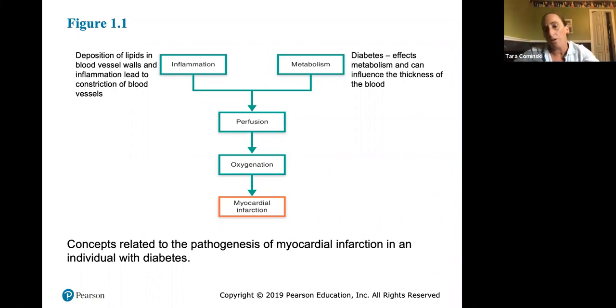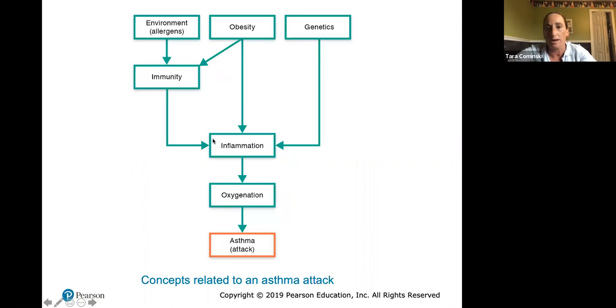So anyway, there's another example here, and I won't go through this one completely because we just went through that one and I don't want to run out of time, but this one has to do with an asthma attack, right? Again, showing you broad concepts and then some of the sub concepts that are related to it, okay? So if you think about this yourself, you can talk to yourself if you want, right?